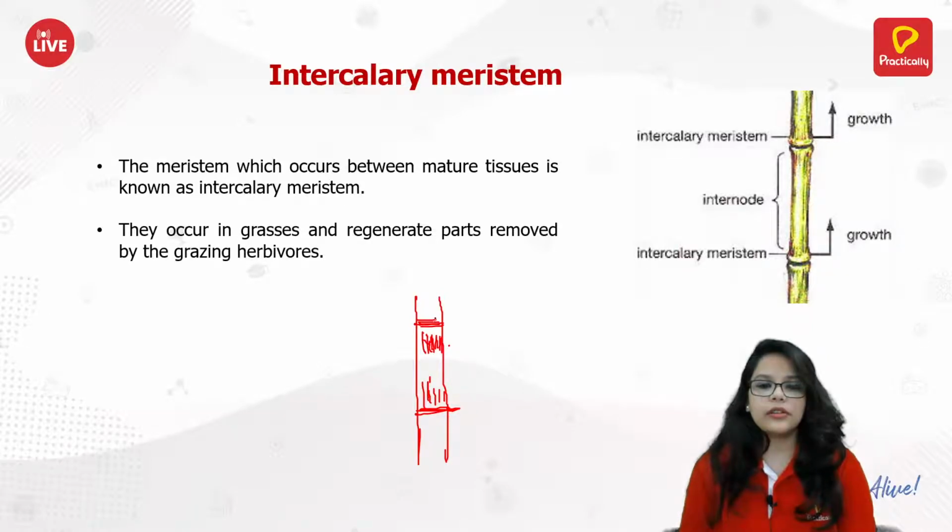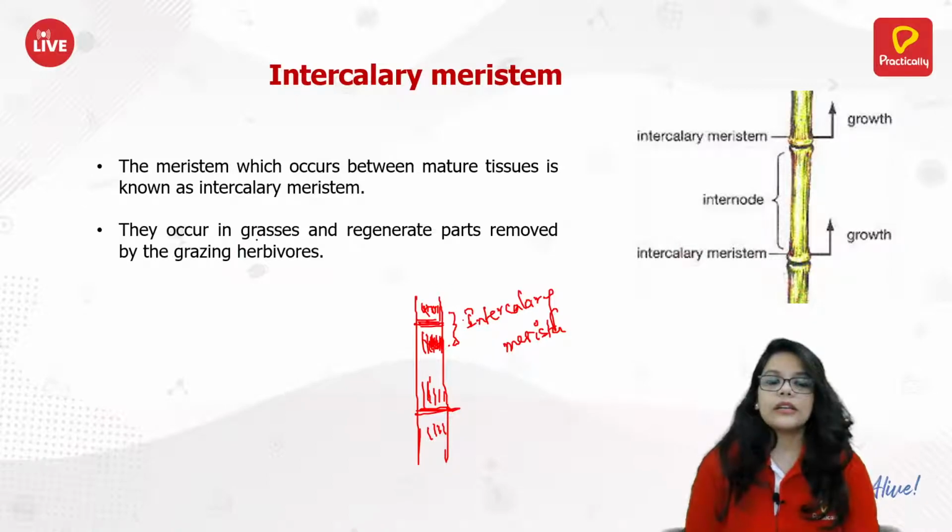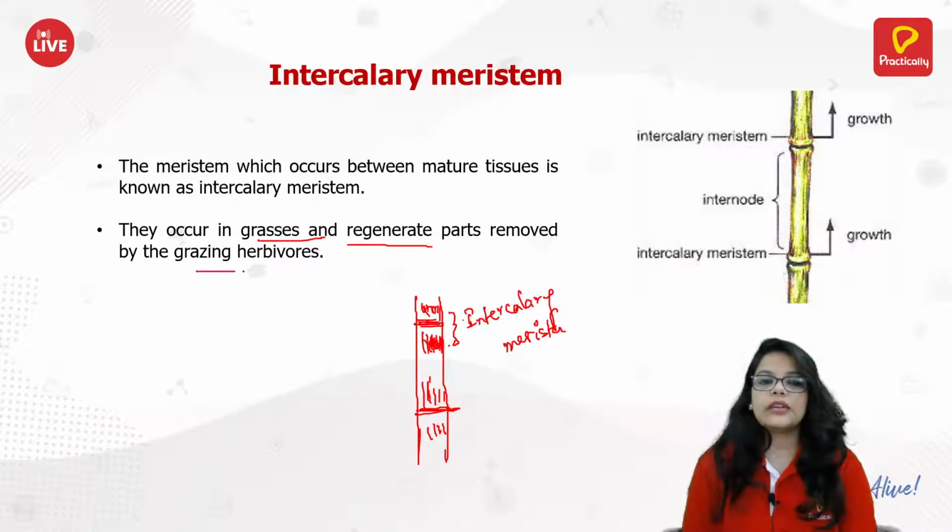So these parts, not this one, these parts are the intercalary meristem. They occur in grasses and regenerate parts removed by grazing herbivores.